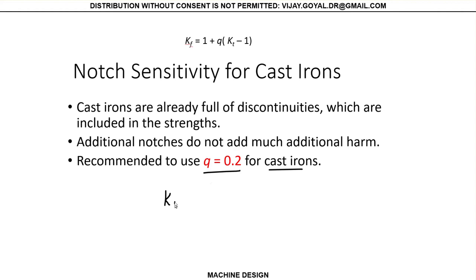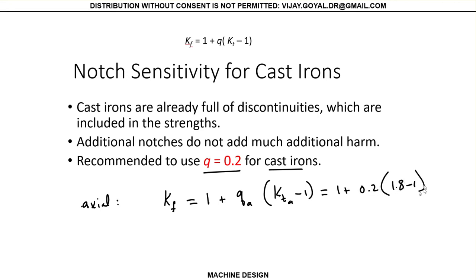So your KFA, okay, for this, let's say for axial, is equal to 1 plus Q axial times KTA minus 1. Okay, this gives you 1 plus 0.2 times 1.8 minus 1.